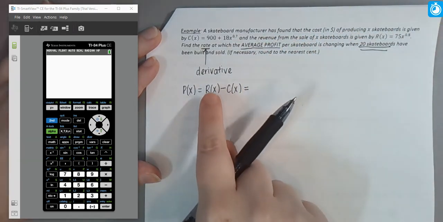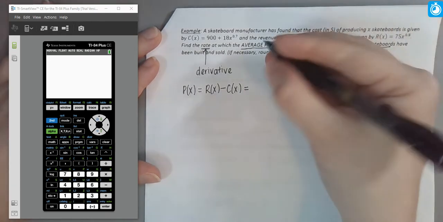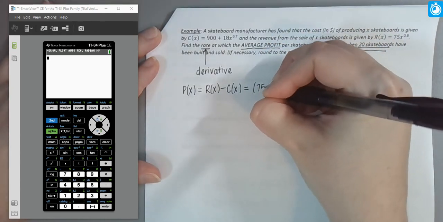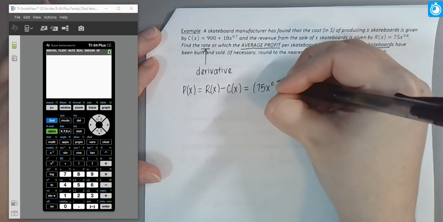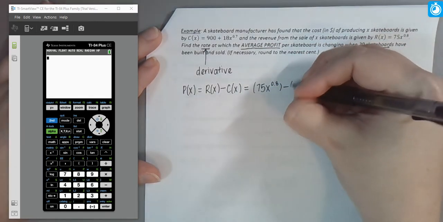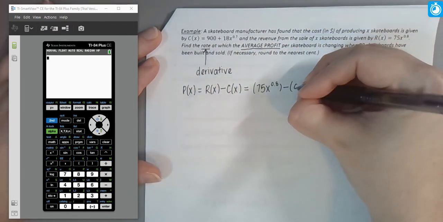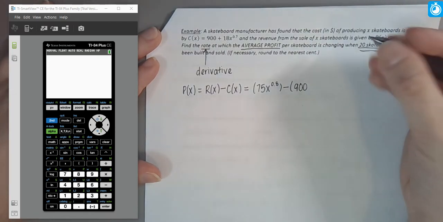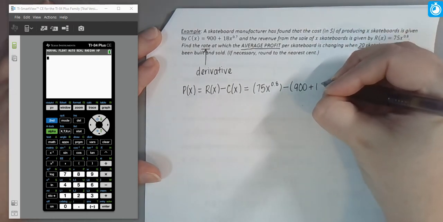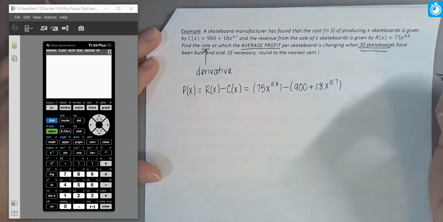Well, here we can sub in the algebraic expressions for each of these. So revenue is defined as 75 times x to the 0.8 power. And then cost, which we're subtracting, is going to be 900, which would represent our fixed cost, plus 18 times x to the 0.7 power.